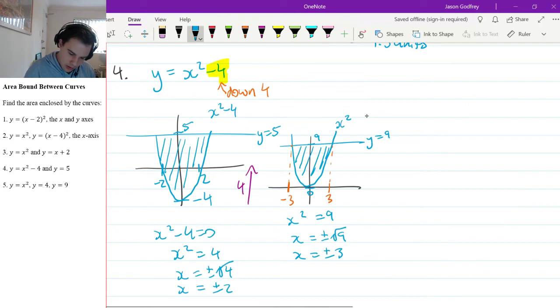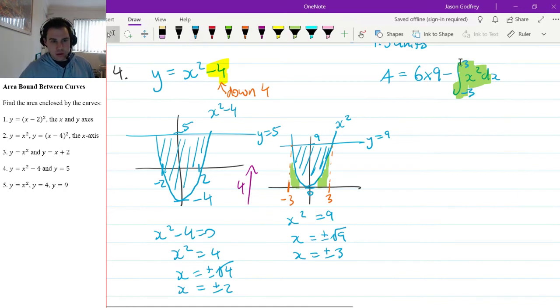So the area here will be the rectangle, which is, well, from negative 3 to 3 is 6, so 6 by 9 high, minus the area under x squared. We're going to subtract away these pieces here, and we're going from negative 3 to 3.